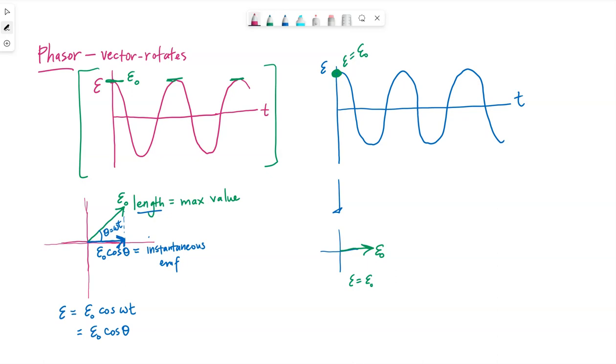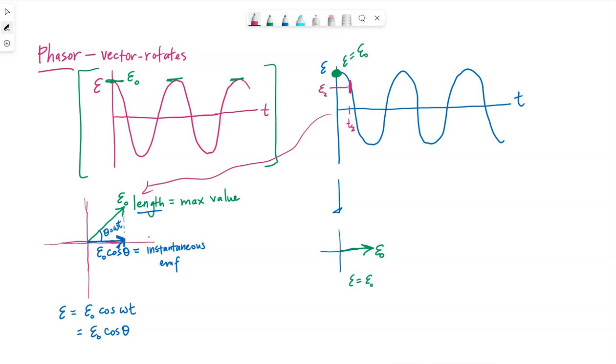But just a short time later, say this time right here, this could be represented with my original picture. My EMF is still positive at this moment in time. I'll call it time 2. It is still positive, but it's not a maximum value.